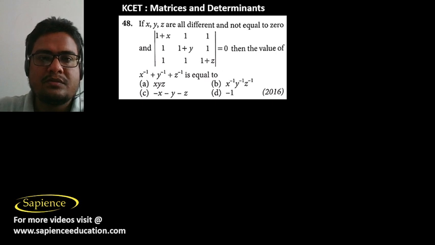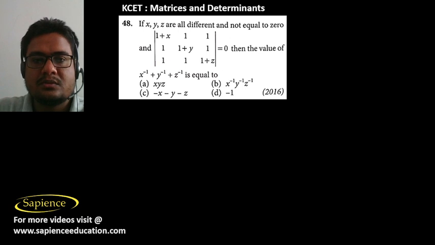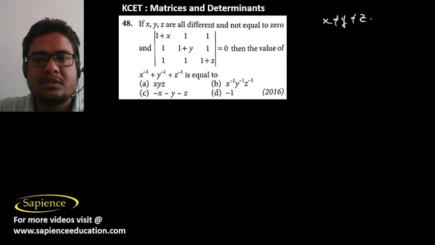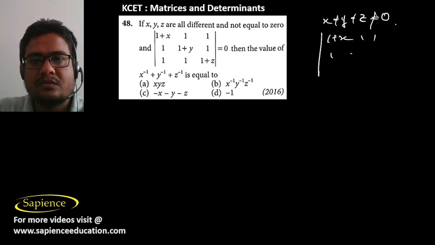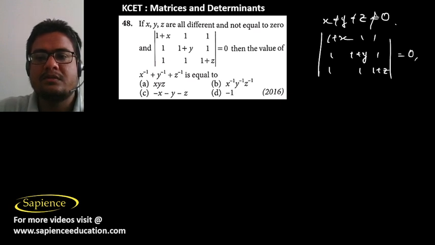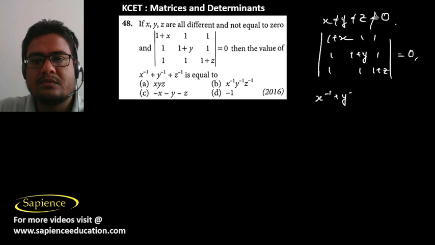Then number 48, it is told that if x, y and z are all different and not equal to 0, and the determinant of [1 plus x, 1, 1; 1, 1 plus y, 1; 1, 1, 1 plus z] is equal to 0, then find the value of x inverse plus y inverse plus z inverse.